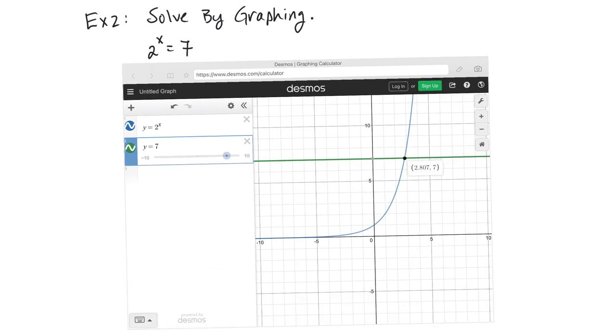And then we look at that point of intersection. So when x equals 2.807, the output is 7.